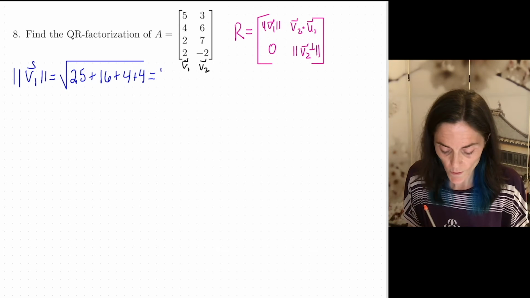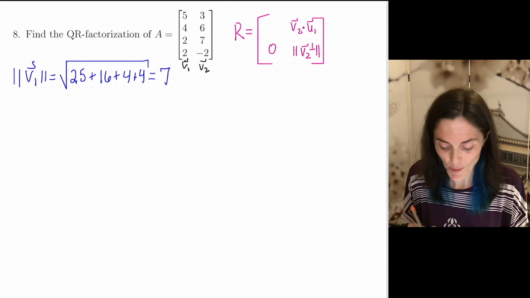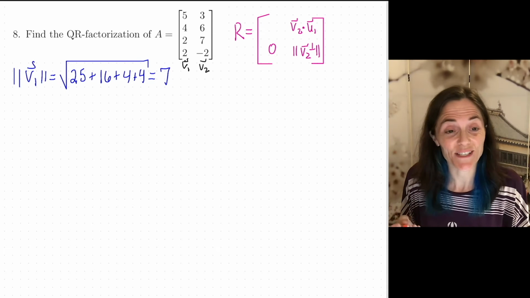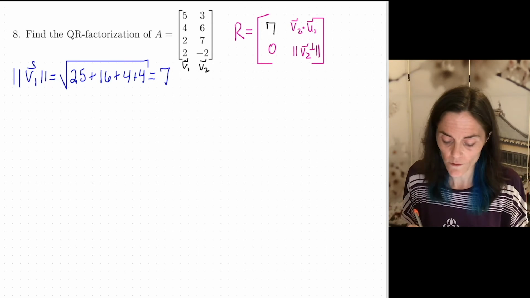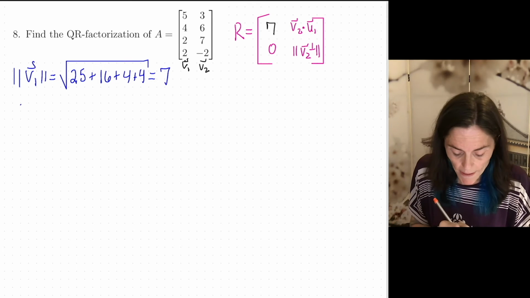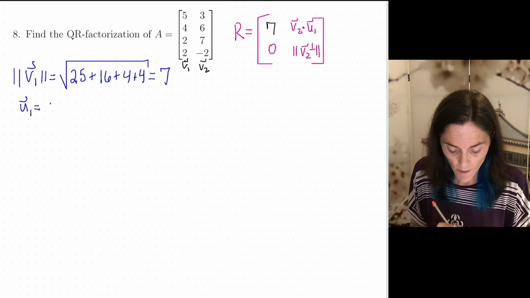And when we take the square root, we just get 7. Now, immediately, I will erase and put in the first entry of matrix R. It's 7. Okay, wonderful. Now U1, right? This is the first column of Q. We take V1 divided by its length, which we have calculated.